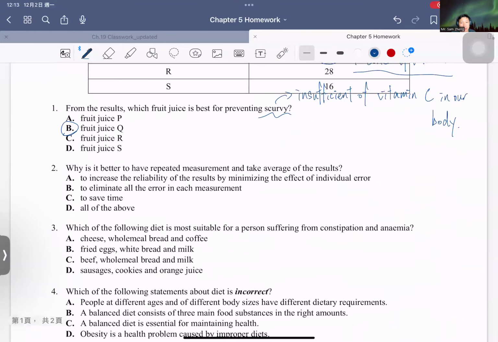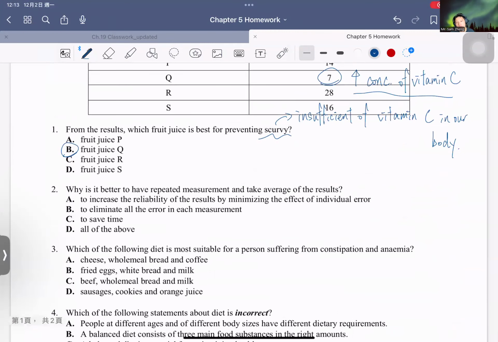Okay. Next, why do we need to repeat measurement? Why do we need to do the repeated measurement and take the average? What we would like to do, in fact, is increase what we call the reliability. So what does reliability mean? Meaning that we would like to minimize the effects of individual error, because each of them may be slightly different, and these differences may be due to individual error.